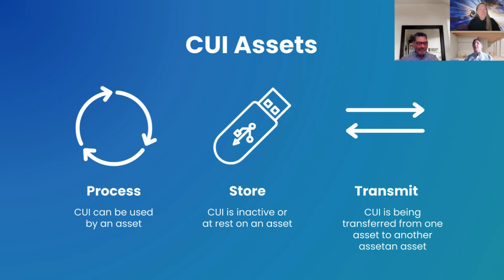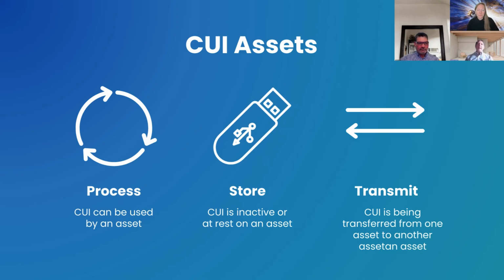Just moving on briskly. We have transmit. So basically what we're talking about there is the information as it transits things like a network. As you're probably aware, you have to protect the CUI in transit.